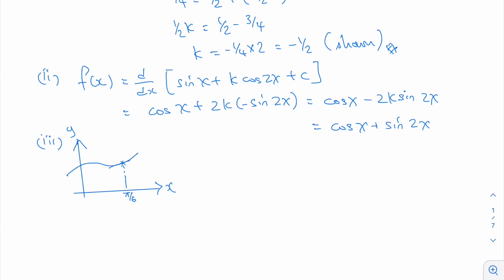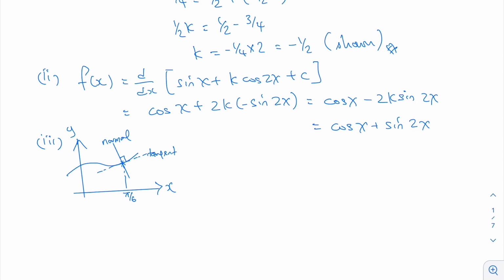So there is a tangent over here that we can find. This tangent would have the same gradient as the curve at pi over 6. Then a normal would refer to a line perpendicular to this tangent. So this is a normal, this is a tangent.